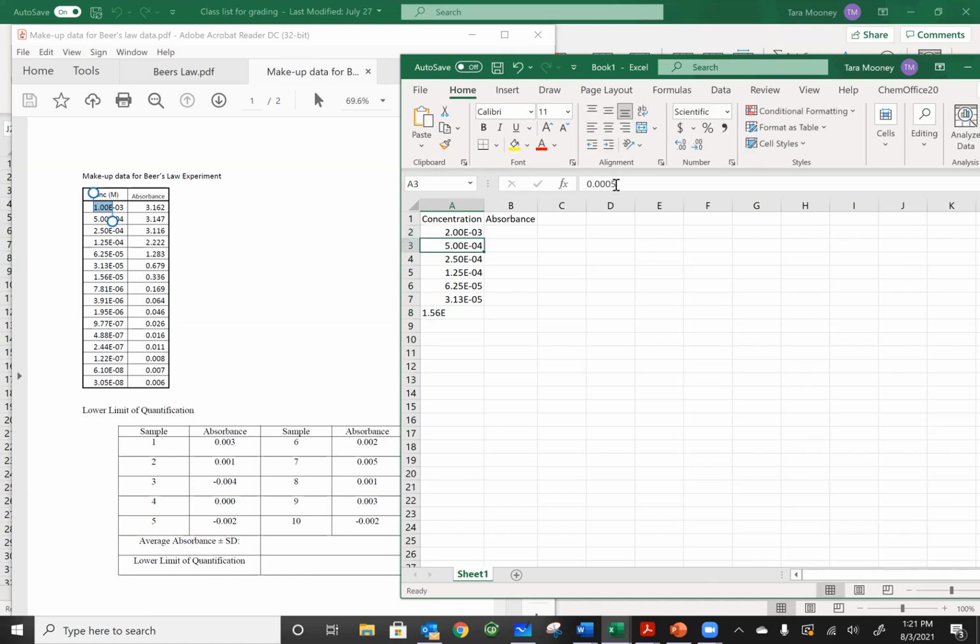Remember that it's a 2, not a 1. Okay, and then copy down the absorbances. So 3.1, 2.